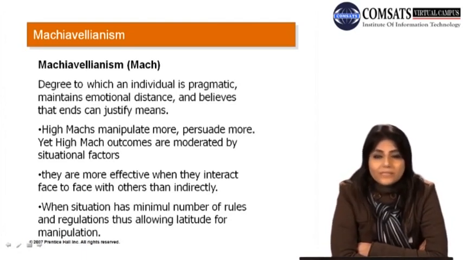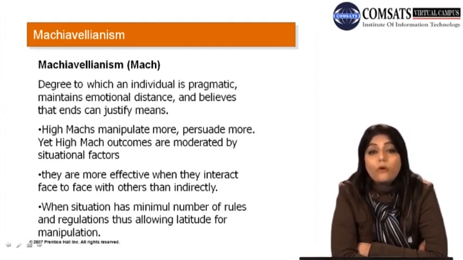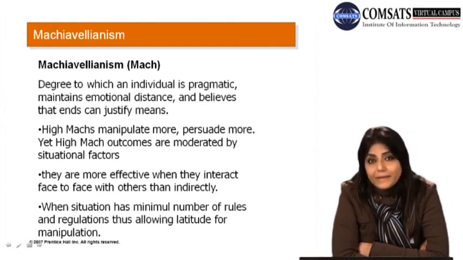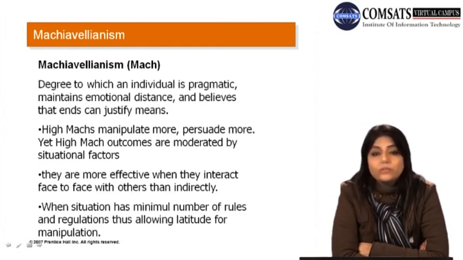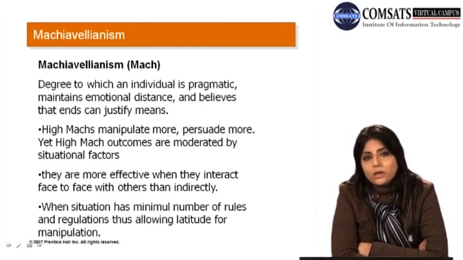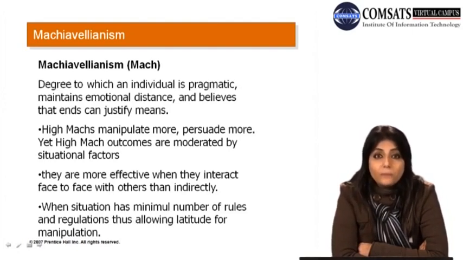But these characteristics of high Machs indicate that under certain situations, these individuals can perform better than low Machs, right? So when they have the opportunity for face-to-face interaction with others compared to indirect interaction, because when they have face-to-face interaction, they are in a better position to manipulate and to persuade others compared to when it is done indirectly.